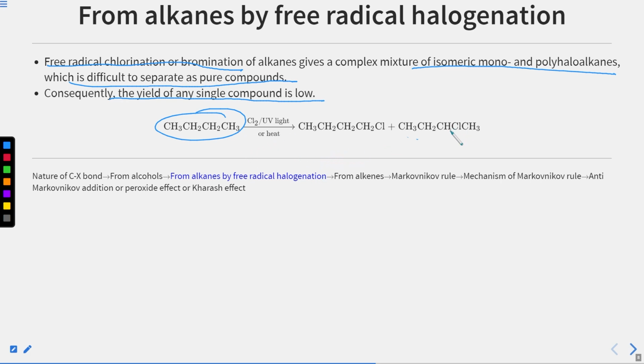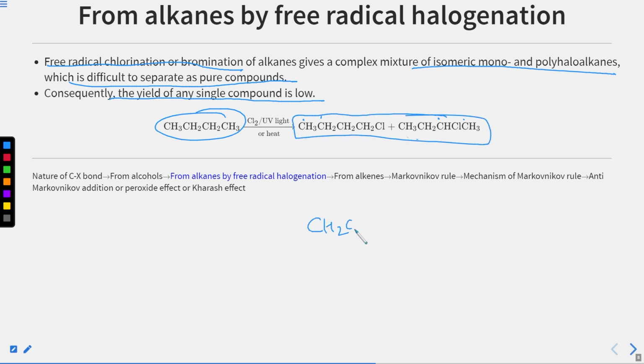I am talking about monohalogenation. First we can add chlorine here and here. Now some of you will say then we can add here and here also. But if you see, those two compounds would be similar to these two compounds.